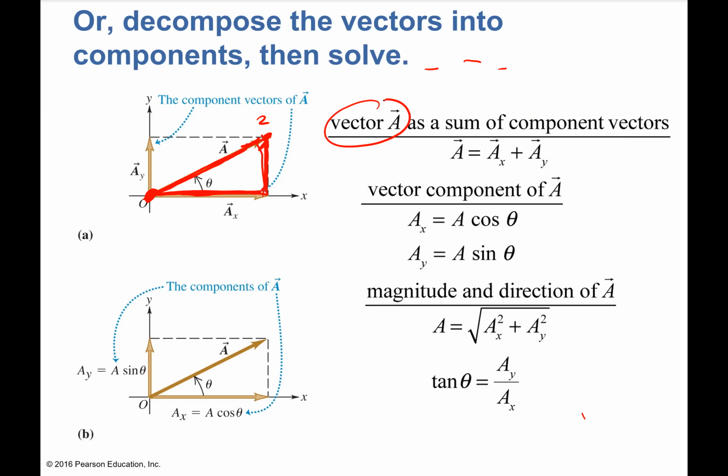So one of the things we can say here is this: vector A can be represented as a sum of the component vectors. That means A is equivalent to AX plus AY.